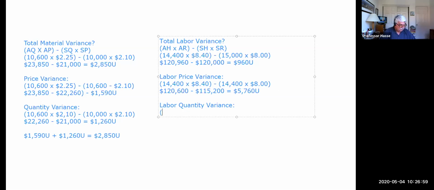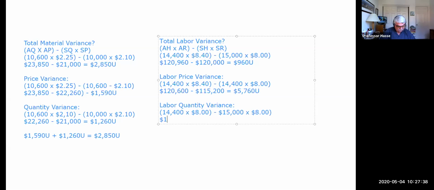Now let's see where we're off in the labor quantity variance. We had 14,400 actual labor hours times the standard rate of $8 an hour, minus the standard labor hours we planned on, 15,000 hours times the $8 rate. We already see that we're going to be a little better off here because we planned on 15,000 labor hours to produce our product, and we only used 14,400.